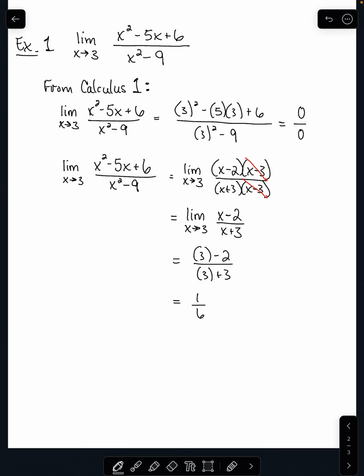Now we're going to apply L'Hopital's rule to verify that it does in fact give us the correct answer, 1 over 6. So we're going to take the same limit.